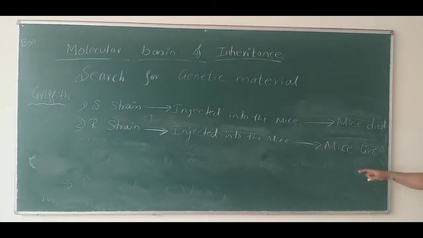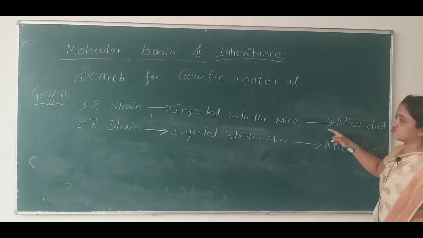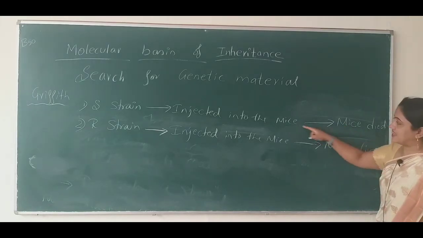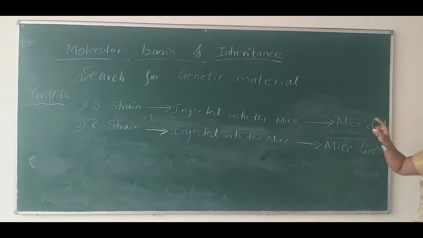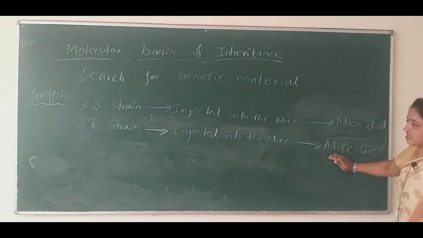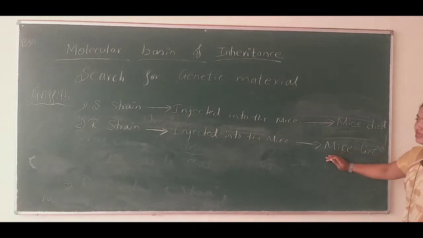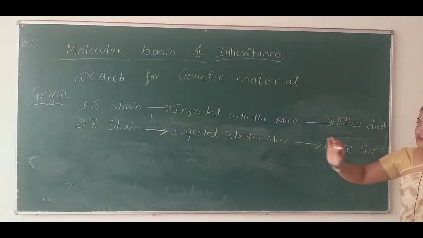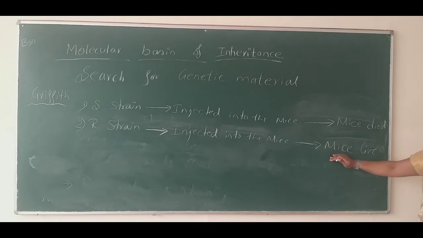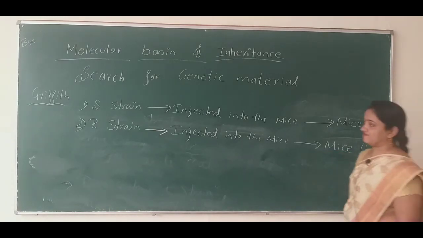So no doubt, of these two strains, the S strain is the one causing disease. Because of the disease-causing bacteria, the mice could not survive. And when the mice were injected with the R strain, the immune system suppressed and killed the R strain, and the mice stayed alive.